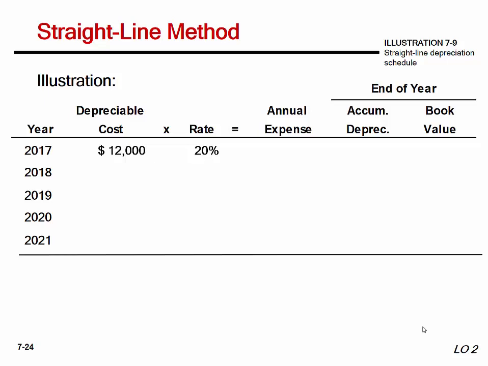This chart is showing you that you could either divide the asset by the number of years to get the annual expense, or you could take that depreciable cost and multiply it times the rate to get the annual expense. So we saw a moment ago 12,000 depreciable cost divided by 5 years equals 2,400 in annual expense.